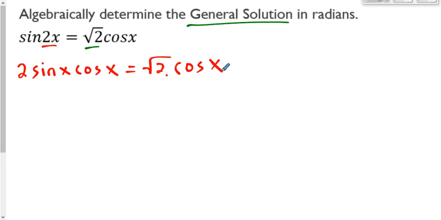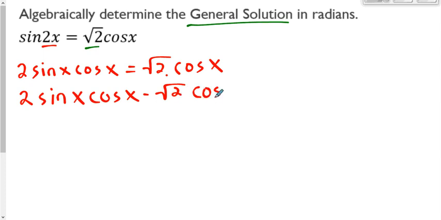Now I'm going to make one side equal to 0, so I'm going to subtract square root of 2 times cosine x. So then I'm left with 2 sine x cosine x minus square root of 2 times cosine x, all equal to 0. I have a common factor of cosine x, so I'll factor that out.